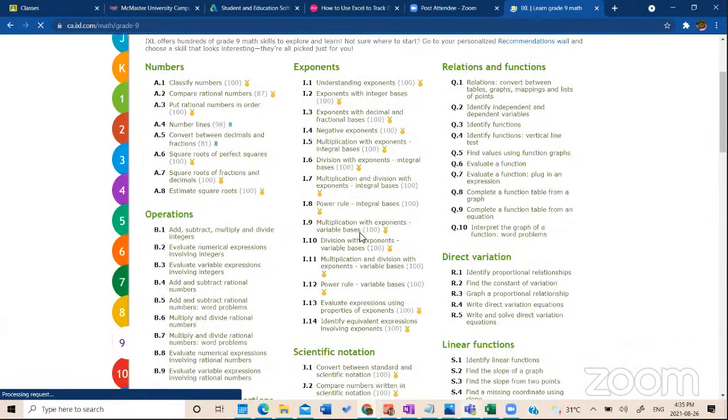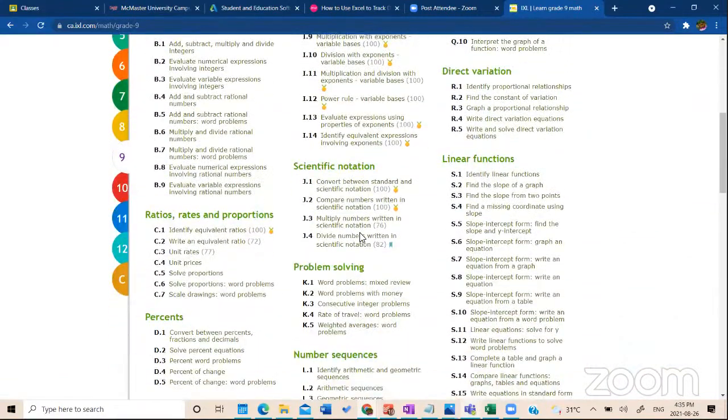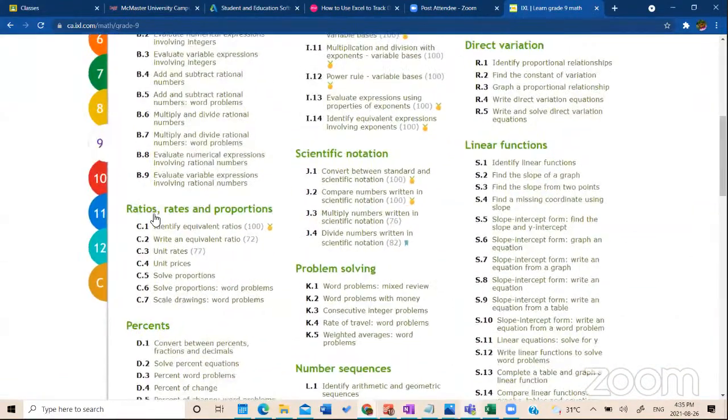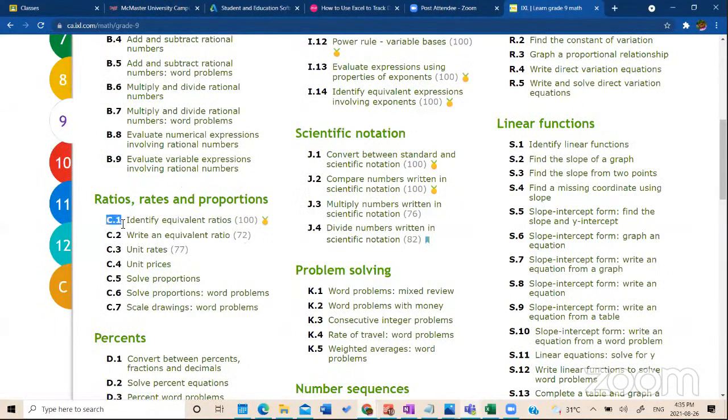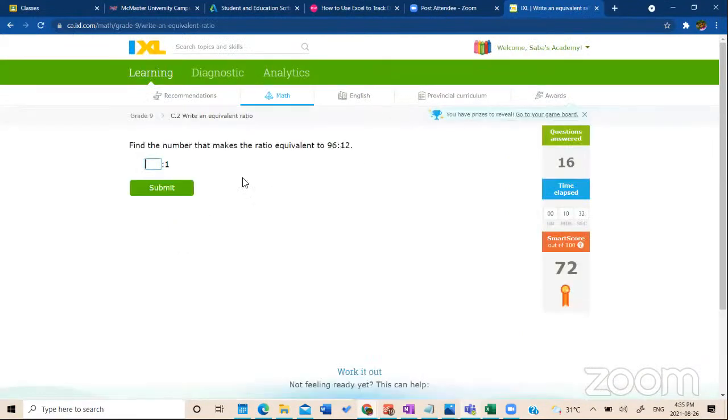Okay, so mashallah, you finished this one. What else did you finish for homework? This part is a little hard, and this part I was still doing. Okay, so do you want to go over C2, equivalent ratios? Yes.